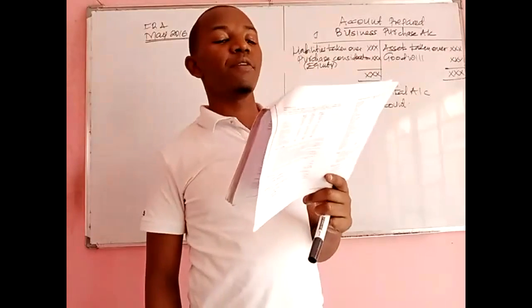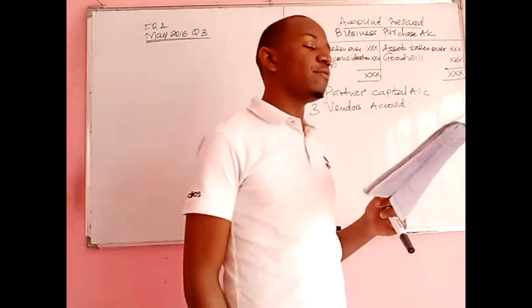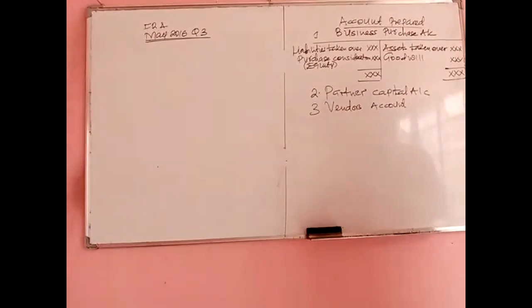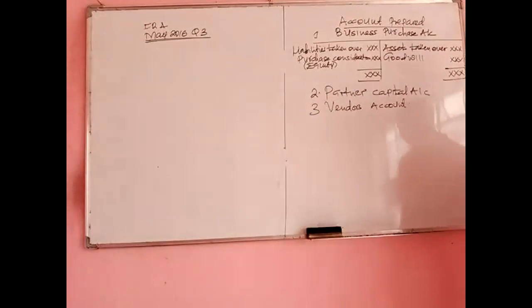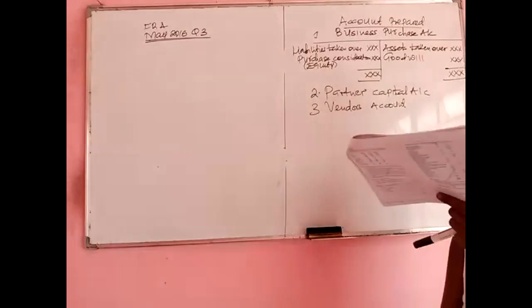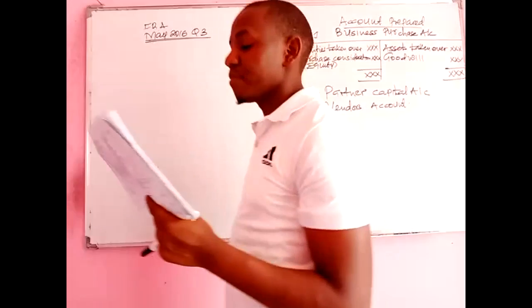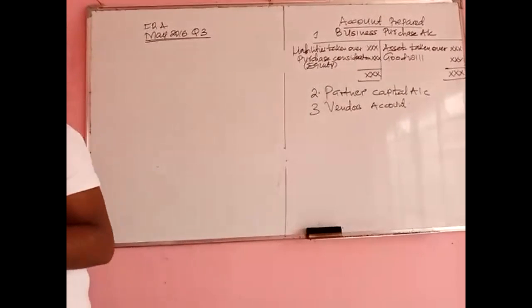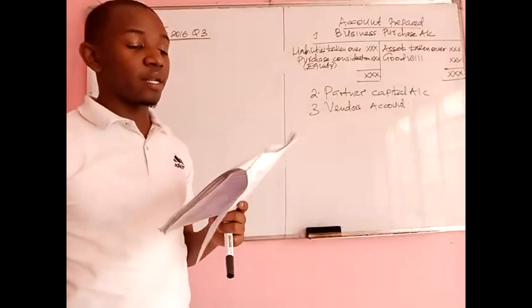The statement of financial position as at 31st December 2015 was as follows. We've been given the non-current assets where we have land and building, motor vehicles, equipment. Current assets, we have cash in hand.